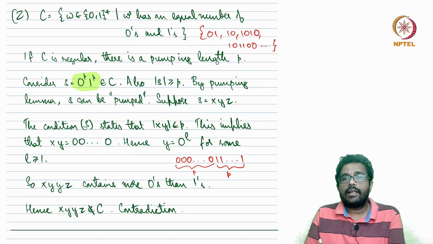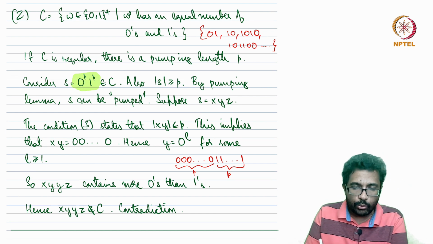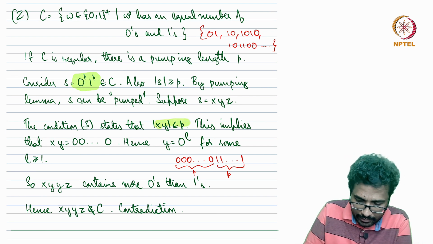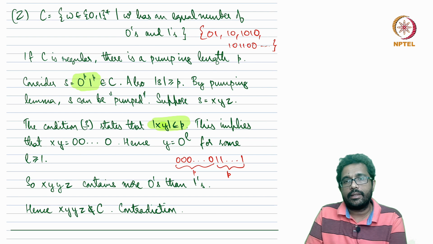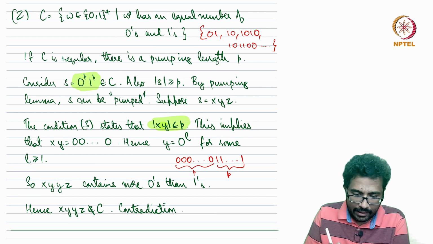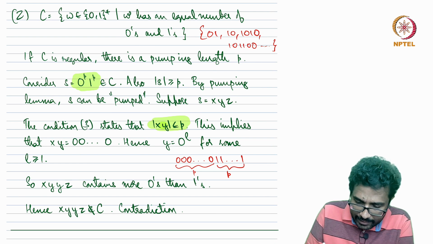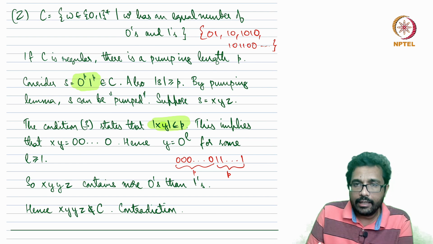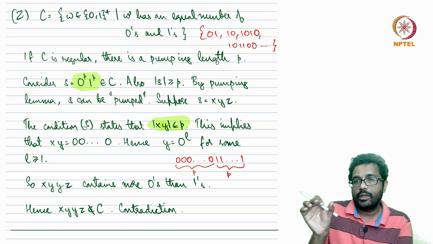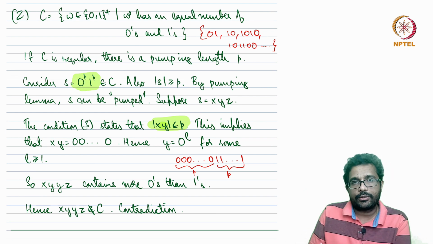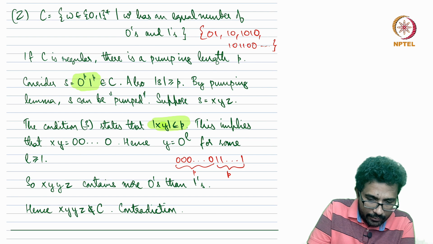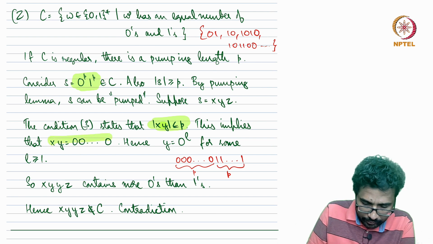Condition 3 of the pumping lemma says that xy is of length at most p. This implies that x and y are entirely in the initial p symbols, which are entirely zeros. Hence, it follows that xy is entirely zeros.